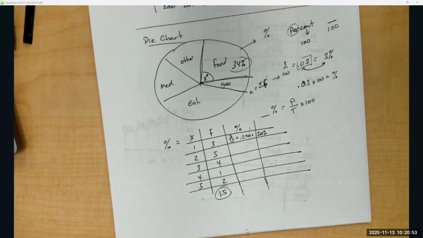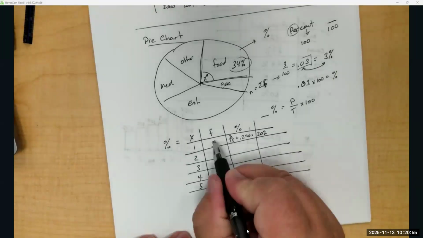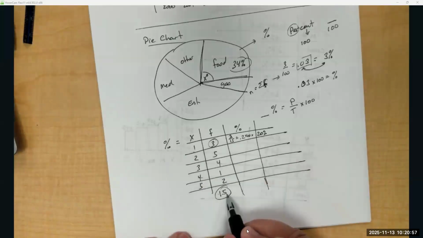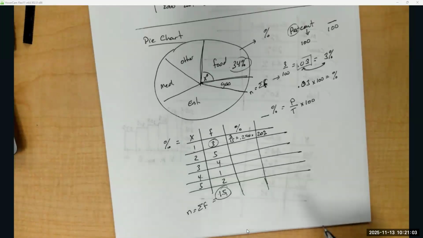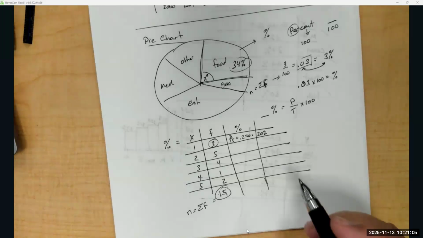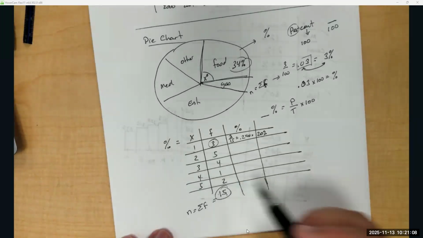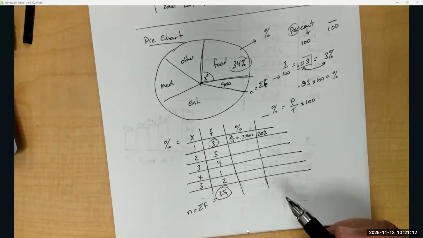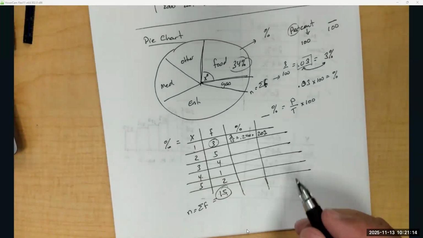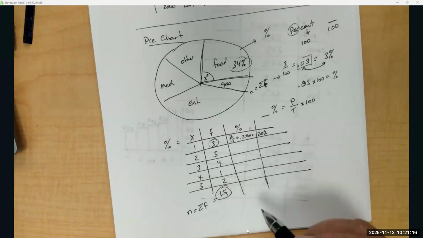So we take whatever this frequency is, divided by the n. The summation of all your frequencies is your n. So we take 3 divided by 15 times 100. So for the first one, it's 20%.